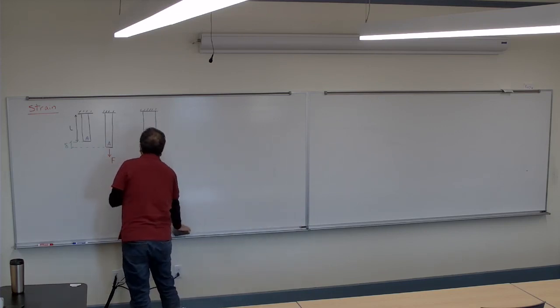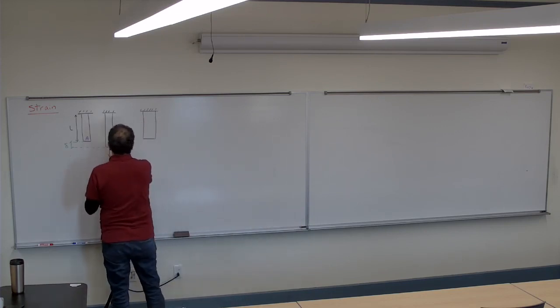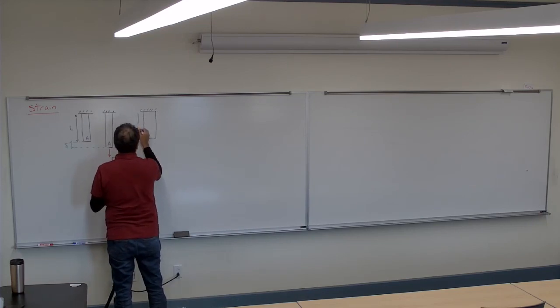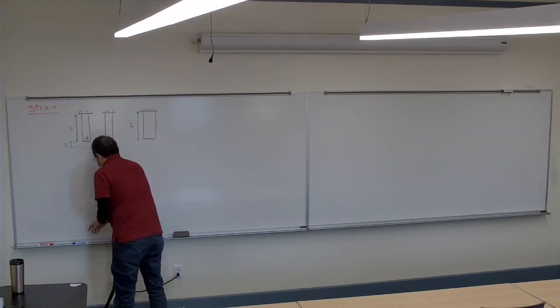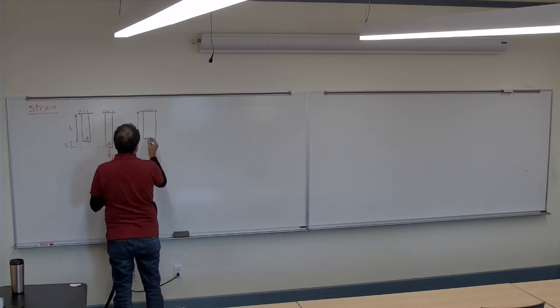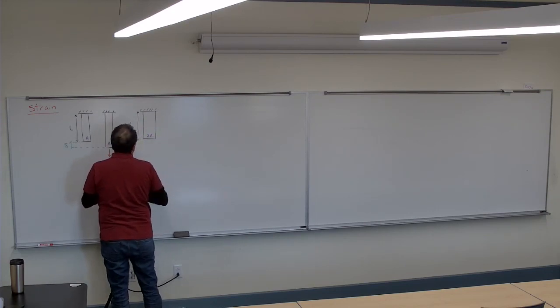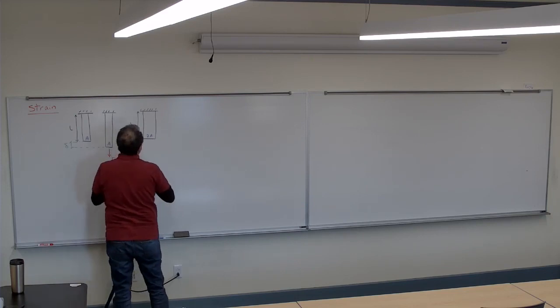Same length, so it's going to be L initially, and the cross-section area is going to be just double.